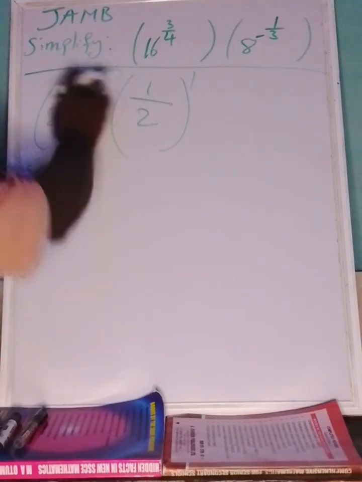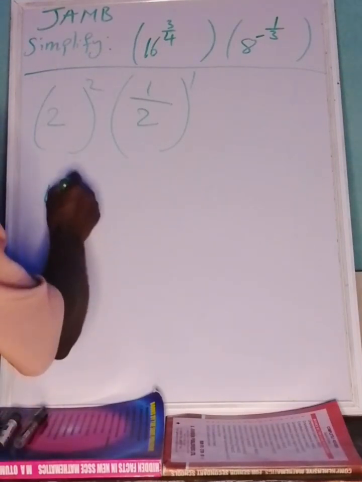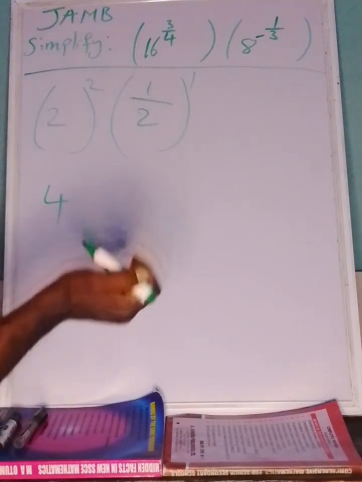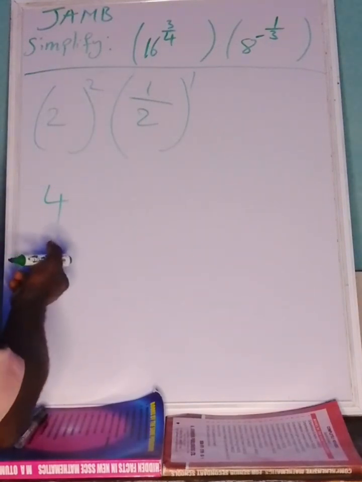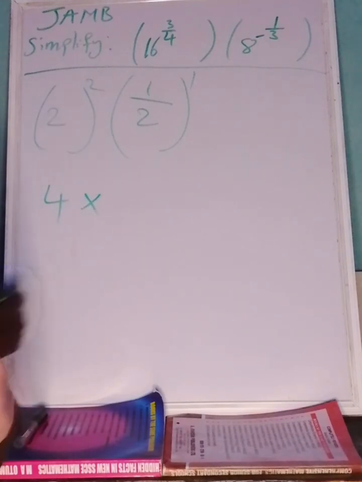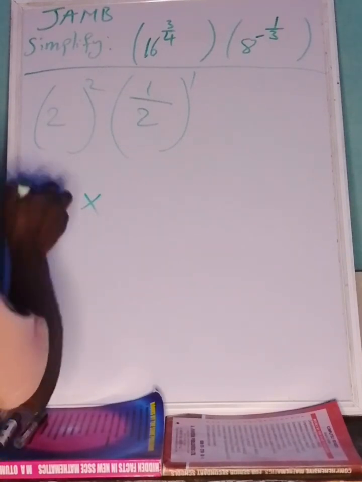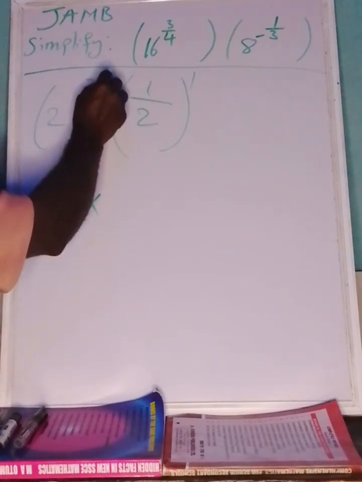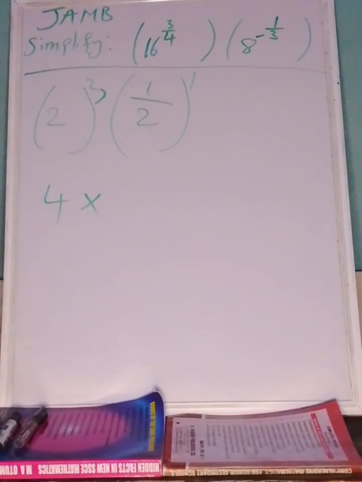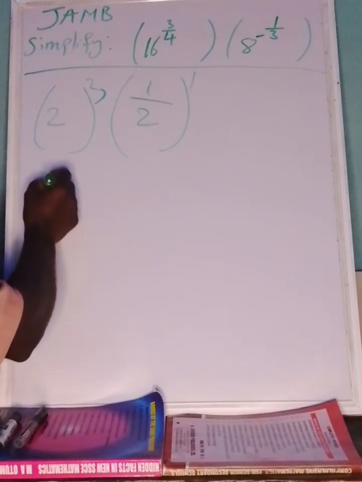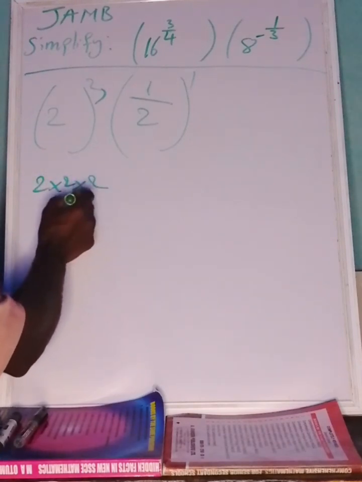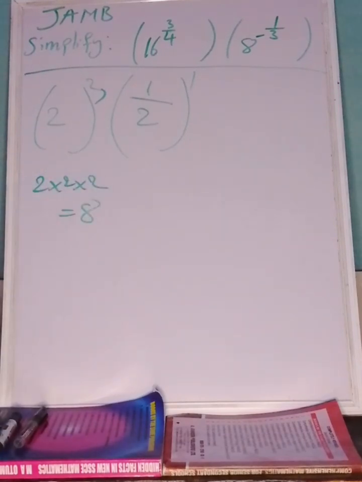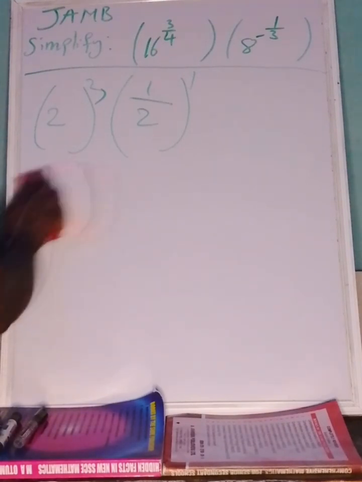Remember that bracket means multiplication. This is 2 raised to power 3, not 2 raised to power 2, please pardon. 2 raised to power 3 means 2 times 2 times 2, which is equal to 8.